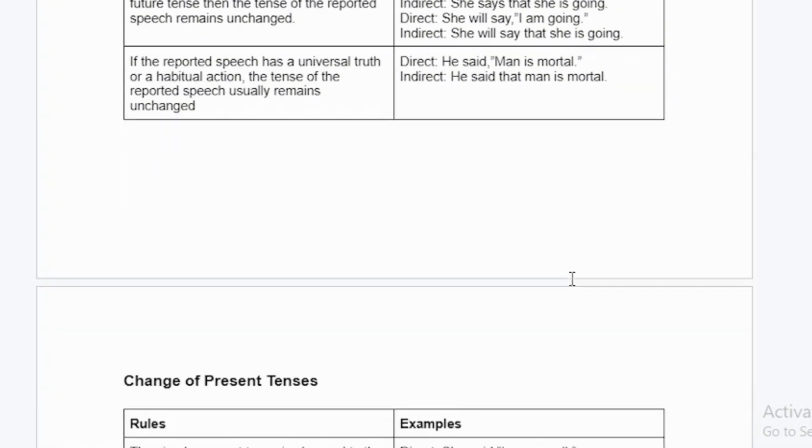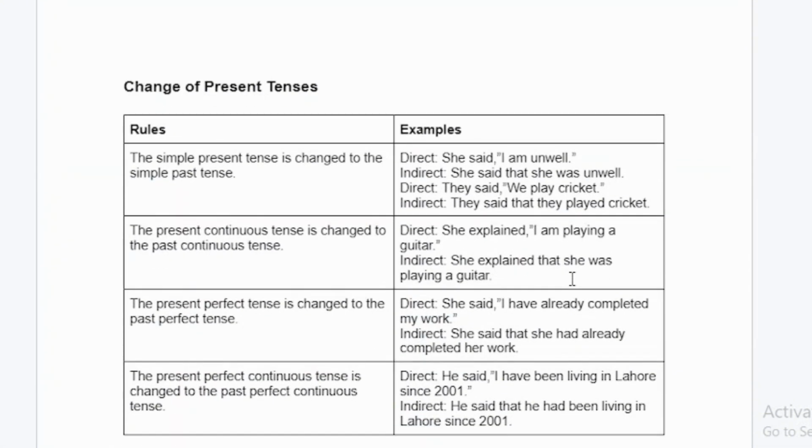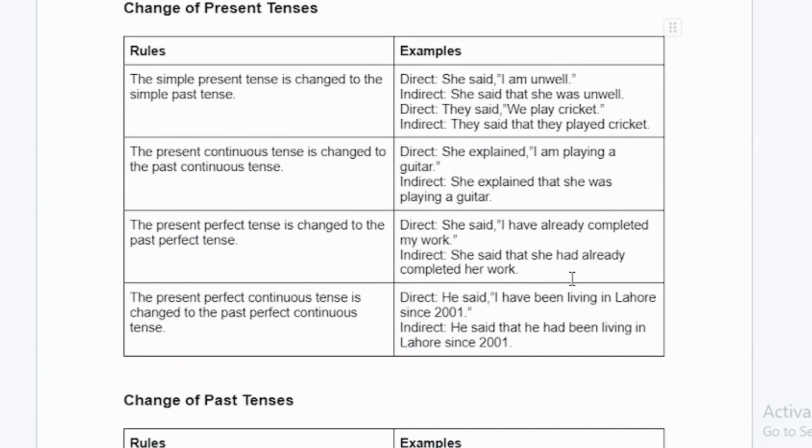Now we will move towards the next rule, change of present tense. The simple present tense is changed to the simple past tense. Now we are not talking about the speech, we are talking about the tense.